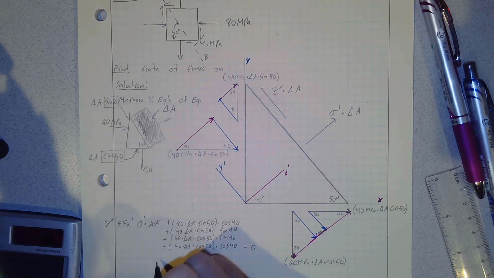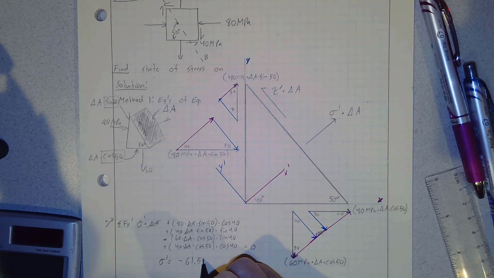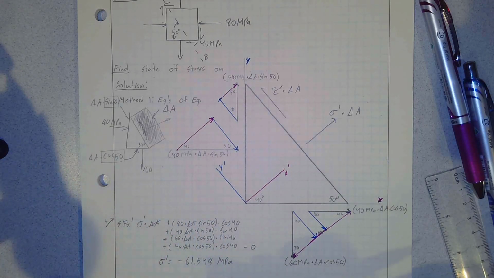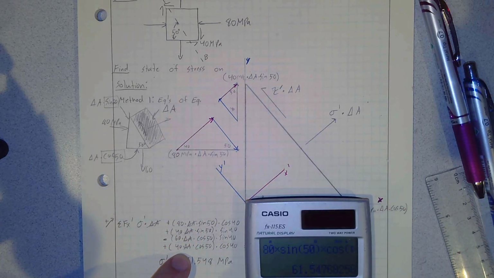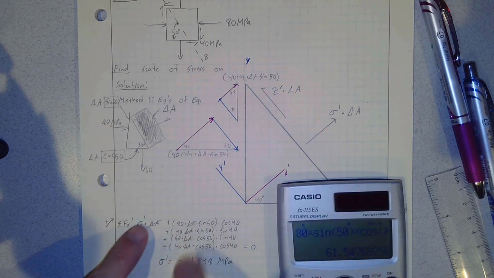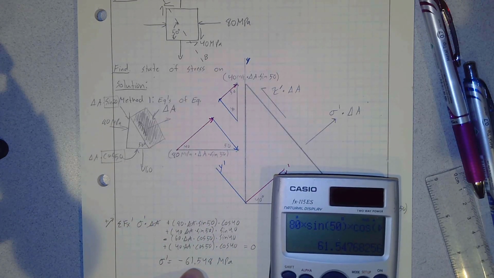So really what that tells me is that sigma prime is equal to negative 61.548 megapascals. So again, just to clarify, if I plugged all those 4 terms in, I get a positive 61.548, but I need to move them to the other side of the equal sign, so that gets me a negative 61.548 megapascals.